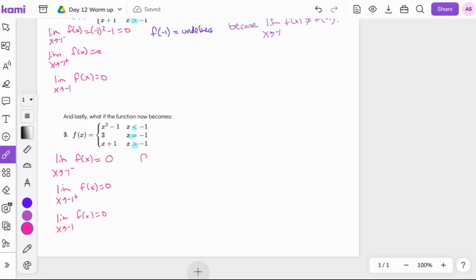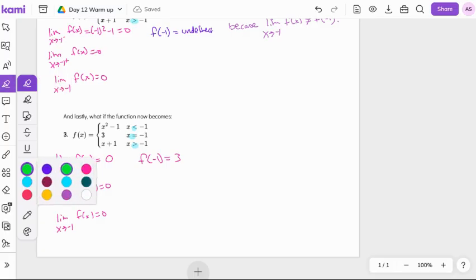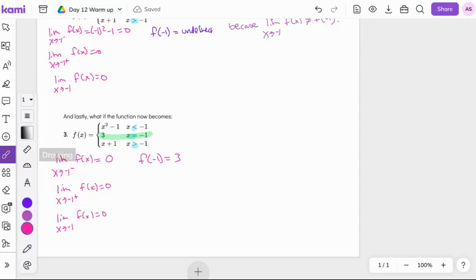We also know that the function value at -1 is going to be equal to 3, and that is coming from this middle portion right there on your function. Okay? And so since we know that your function value is not equal to the plain limit, this is going to be discontinuous.